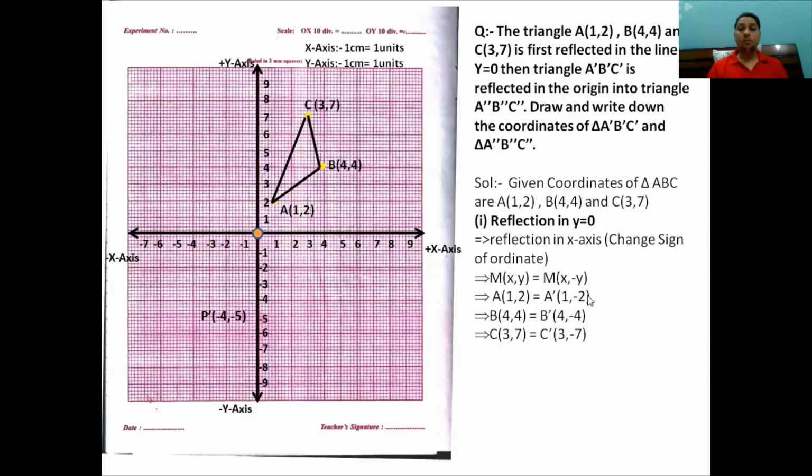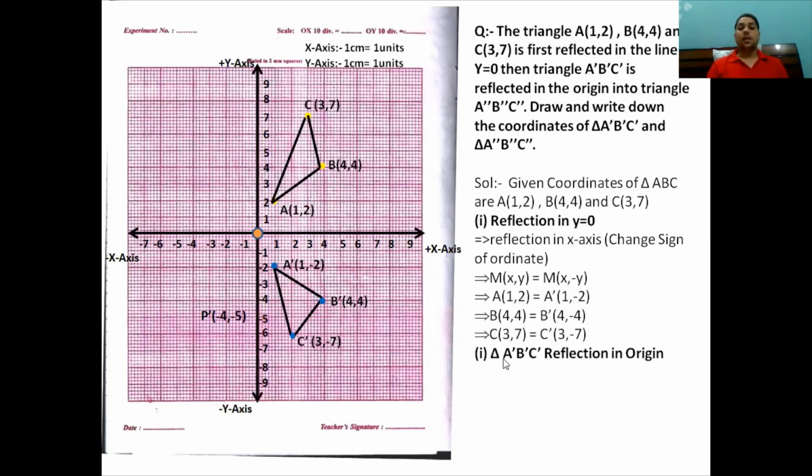Now we locate these points on the graph. First point is (1, -2). Y is -2, so (1, -2). Then (4, -4) here, then (3, -7) here. Now joining these points, we have the reflection of this triangle here. This is the reflection of this particular triangle.